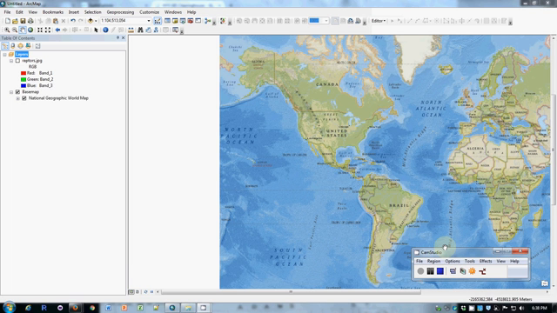Geographic information systems projects are entirely dependent, of course, on data sets. And getting good spatial data sets is one of the most valuable skills that a GIS specialist can have.